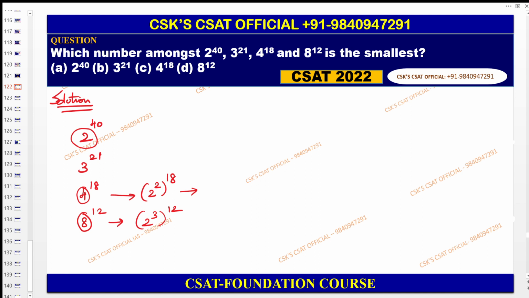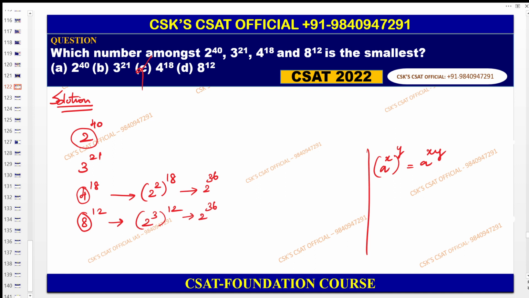Further, power and power get multiplied. The law of indices I already taught you in the foundation class: a power x the whole power y can be written as a power xy. So if you multiply this, it becomes 2 power 36, and here also 2 power 36.